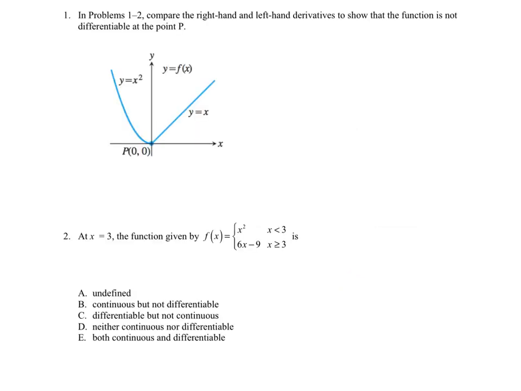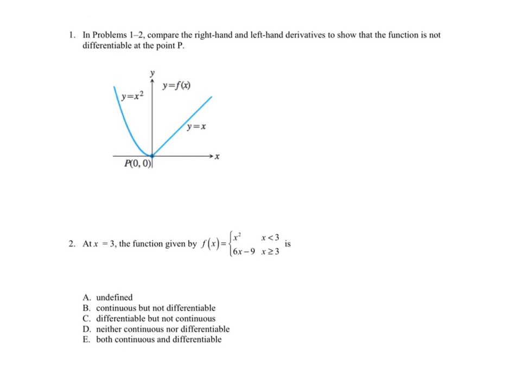Okay, a few examples. In this first one, it says compare the right hand and left hand derivatives to show that the function is not differentiable at the point P. Okay, so the left hand derivative, if we take the derivative of y equals x squared, we get y prime equals 2x. The right hand derivative, if I take the derivative of y equals x, I get y prime equals 1.